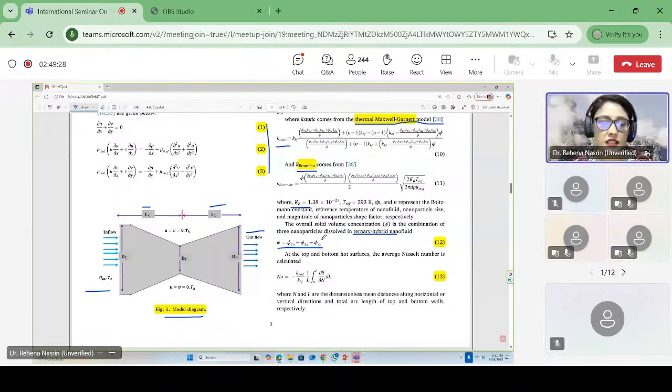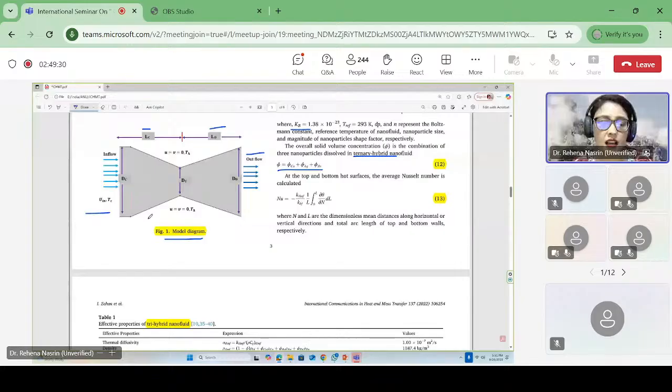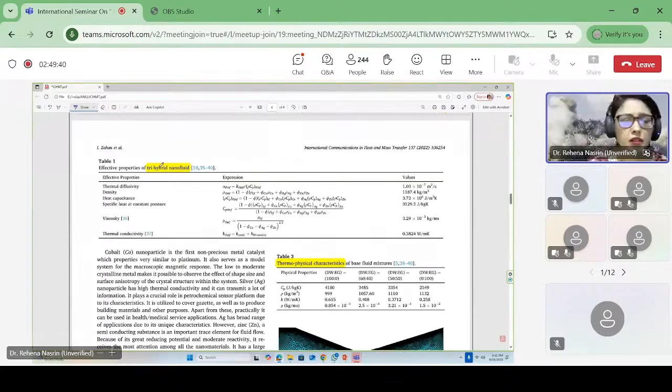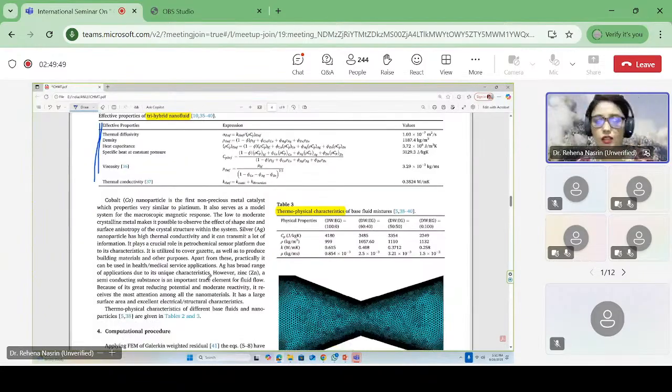This is the top and this is the bottom one. For the bottom hot surfaces, we calculate the Nusselt number by this equation 13. And the ternary hybrid nanofluid properties, these are effective properties we use for simulating these types of simulation.